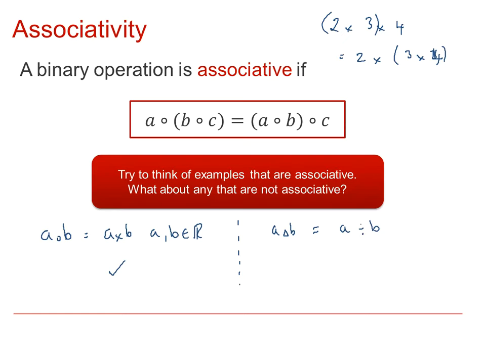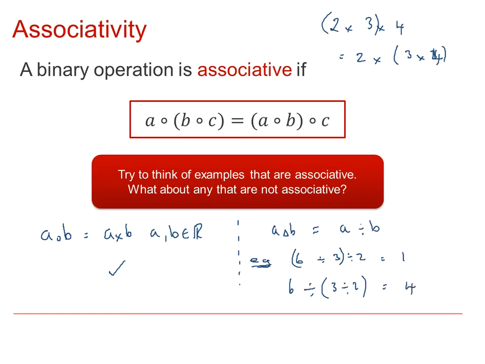So for example, we just need to find a counterexample, don't we? So using 6 divided by 3 divided by 2, for example, well, 6 divided by 3 is 2, so that gives you 1. But if I do it as 6 divided by, and then 3 divided by 2, then that's 6 divided by 1.5, so that's 4.